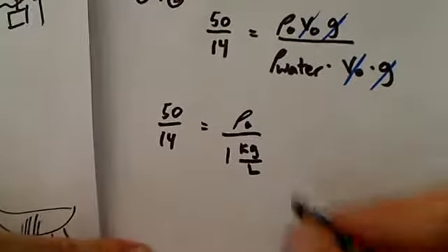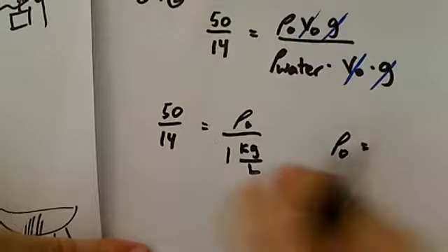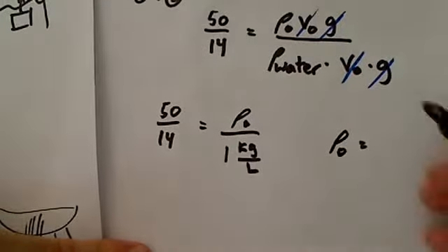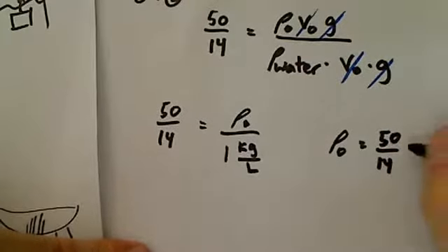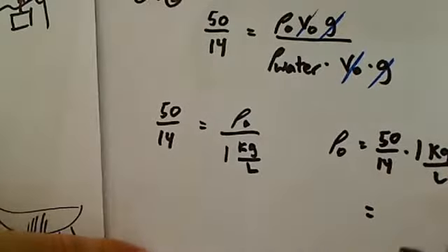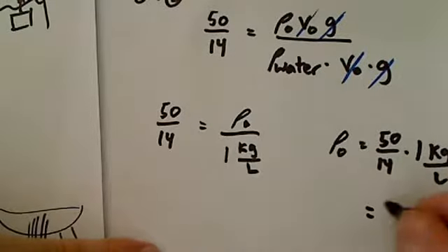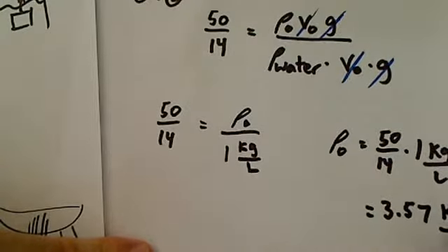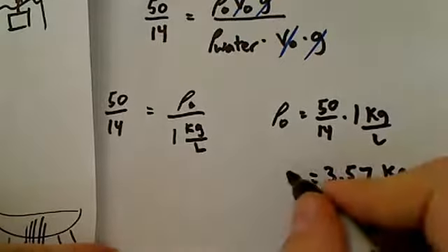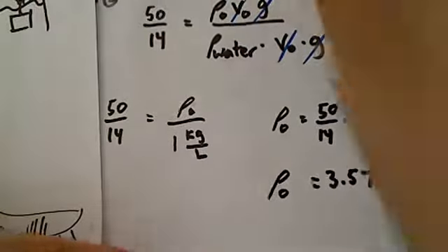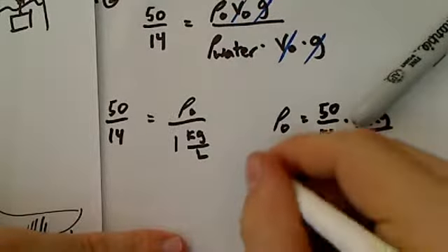So for my density of the object, I multiply both sides by 1 kilogram per liter, and I get 50 over 14 times 1 kilogram per liter. This is your final answer. The density of the object is equal to 3.57 kilograms per liter.